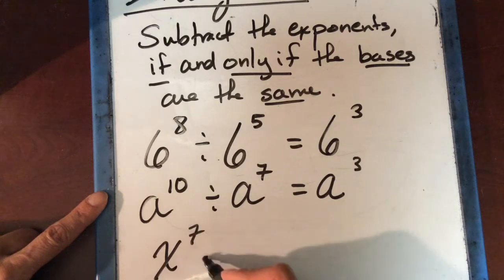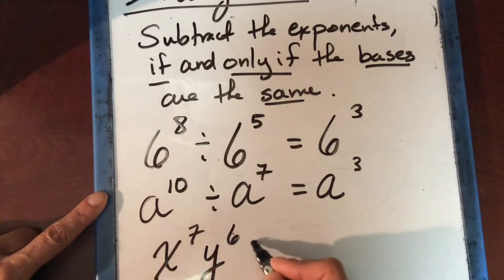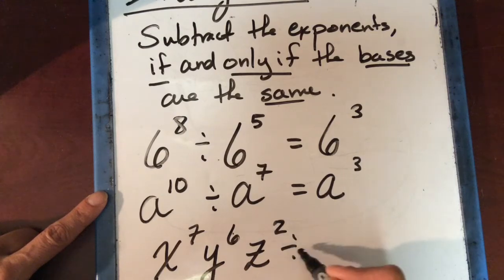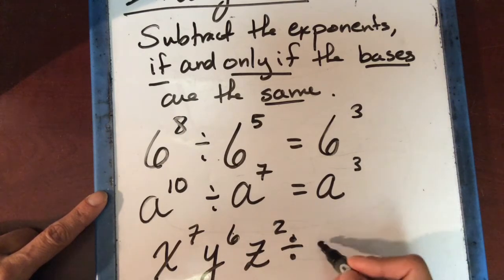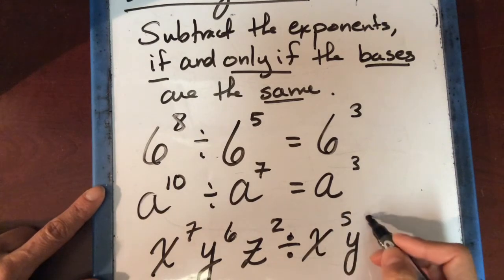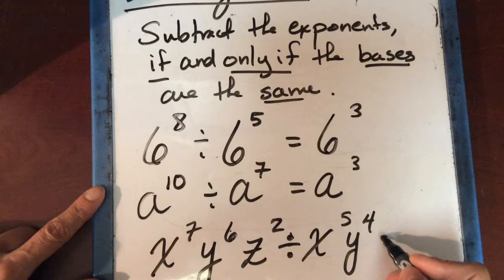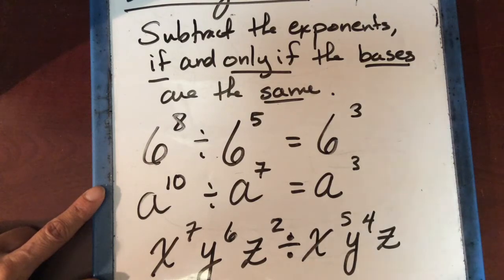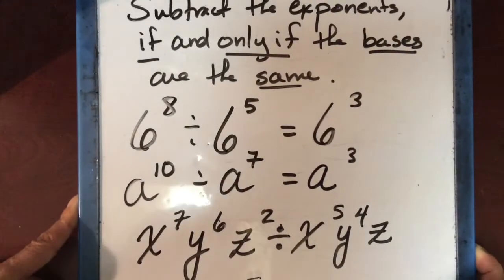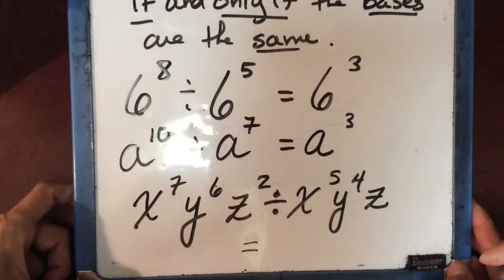x to the 7, y to the 6, and z squared, divided by x to the exponent 5, y to the exponent 4, and just 1 z. What would that be? Well, again, we must take them one at a time because they are not the same.